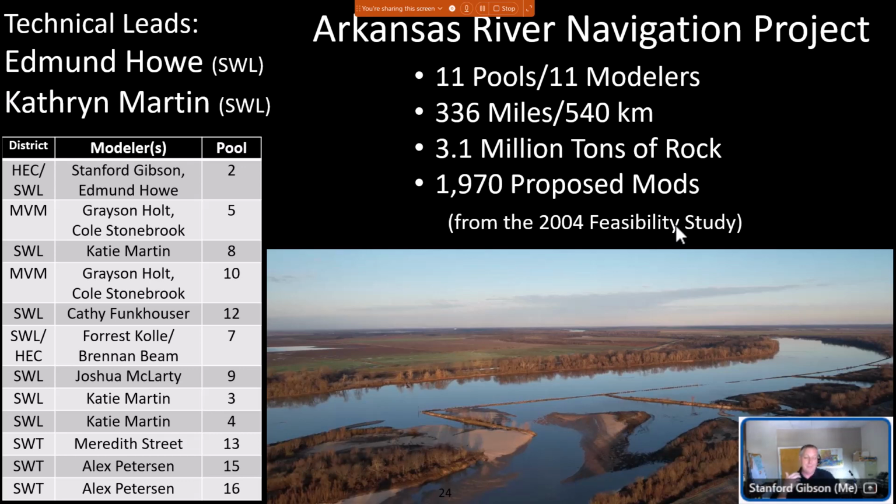And Edmund, the story he told is that they had been asked to analyze a 2004 feasibility study in about 6 months in order to determine if the plan to dump 3.1 million tons of rock in 11 pools along 336 miles of the Arkansas River was appropriate, or if they could do a better analysis in 6 months on 336 miles of river. Now, if you know Edmund, you know that the answer was yes, we can do better.